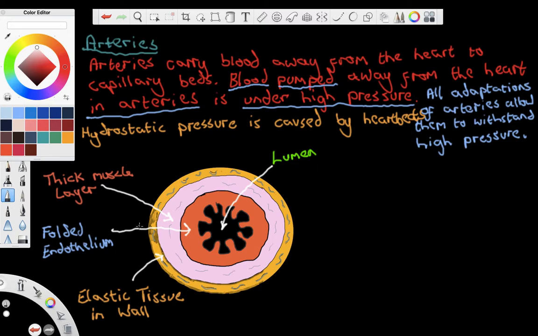Now, as I said, the folded endothelium allows the artery to expand without the endothelium ripping.